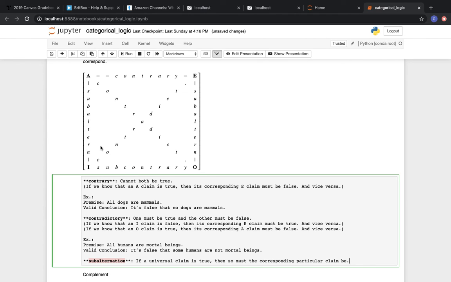And notice the reverse must be true, that if a corresponding particular is false, then the corresponding universal claim must also be false. Okay?